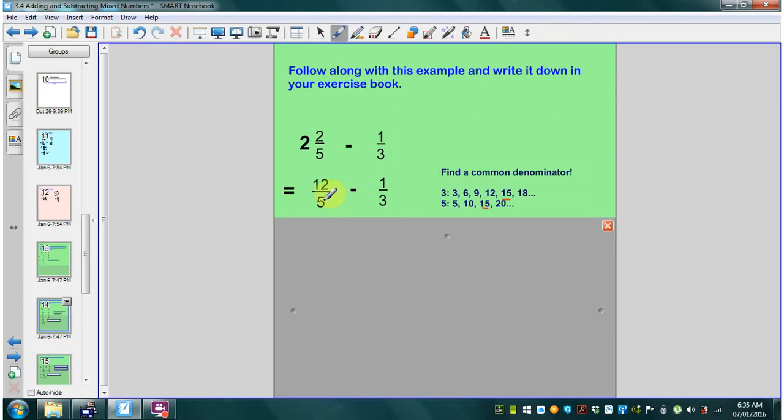So to change 5 into 15, we're going to multiply by 3. Whatever we do to the bottom, we do to the top. And to change 3 into 15, we multiply by 5. Whatever we do to the bottom, we have to do to the top.